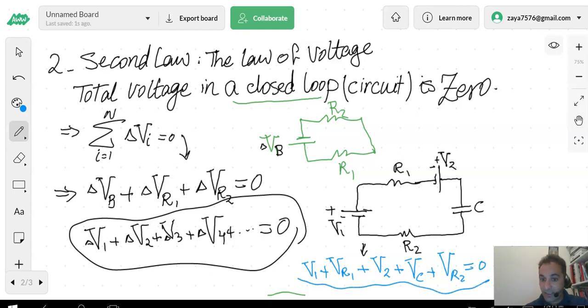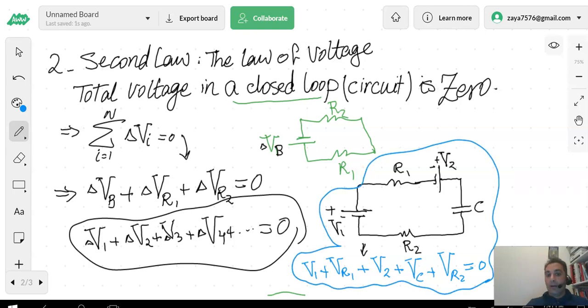This is called Kirchhoff's second law in the circuits. Total voltage in one closed circuit is 0. Total voltage in one closed circuit is equal what? 0.